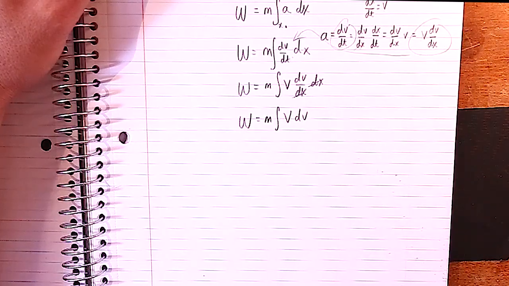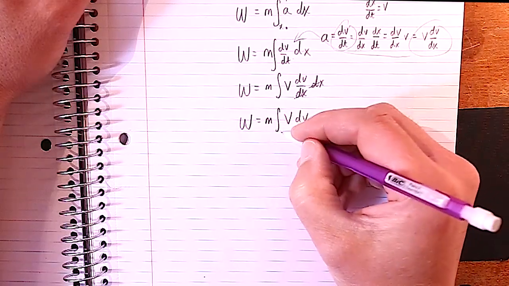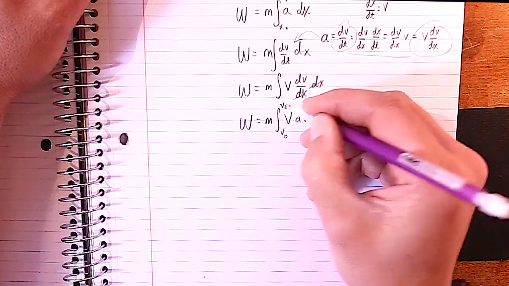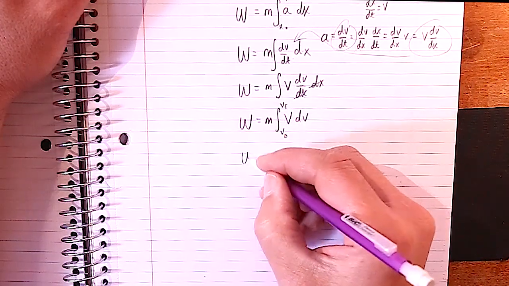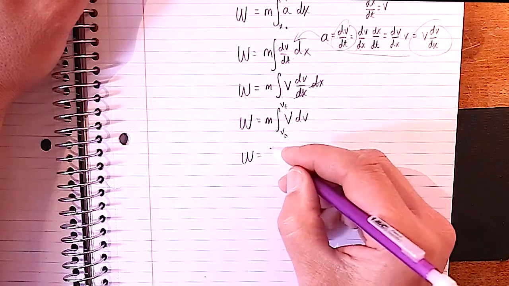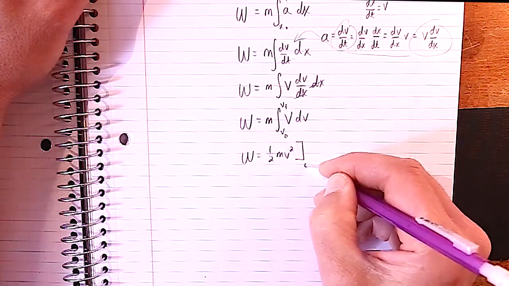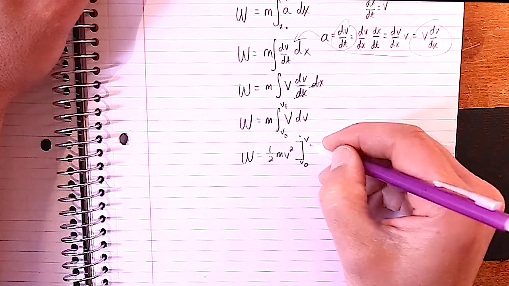Well, what are our bounds now? Now we're integrating with respect to velocity, so we're going to do this from initial velocity to final velocity. And doing the integral of v dv, we know that that is 1/2 v squared, and we can say 1/2 mv squared from v naught to v final.